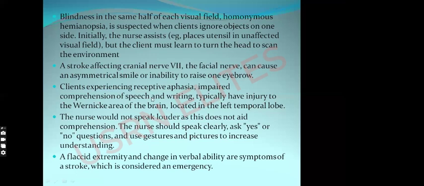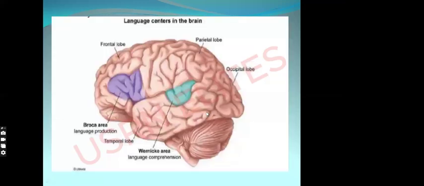So we have another one called Broca's aphasia. We have Wernicke's aphasia and Broca's aphasia. Let me use this opportunity to talk about the two so that we can get to know them. This is the brain and the various lobes that we have.